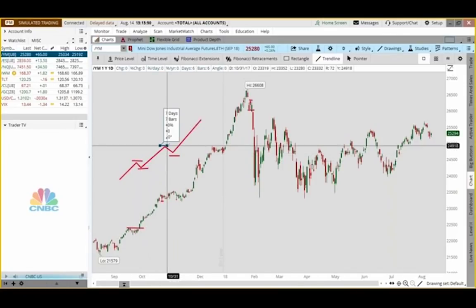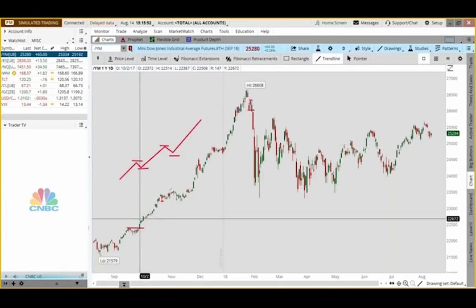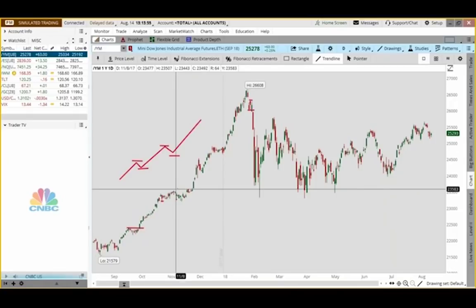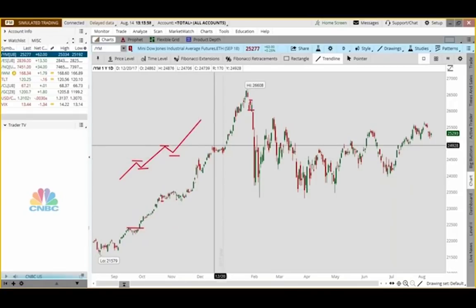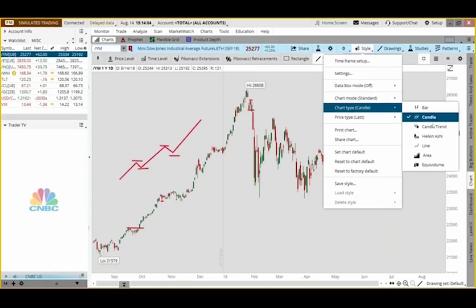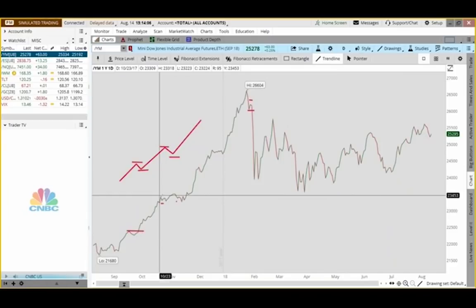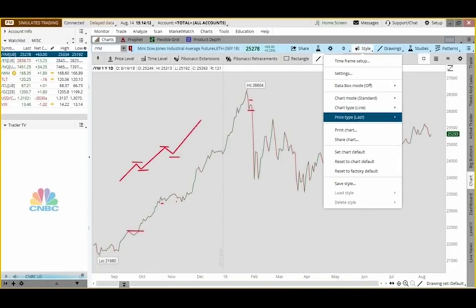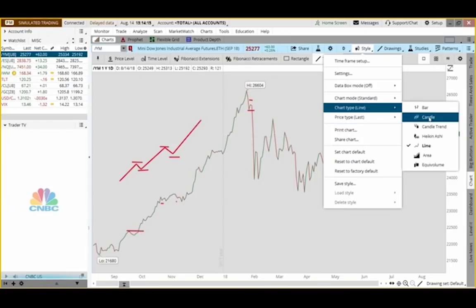And one easy trick to deal with this, if you're having trouble identifying highs and lows here, the pivot highs and lows, switch to a line chart, okay? If you switch to a line chart, you have the points back and forth. You can easily identify those, okay? Now those are based on the close here on the line chart, but it's very, very helpful, okay?